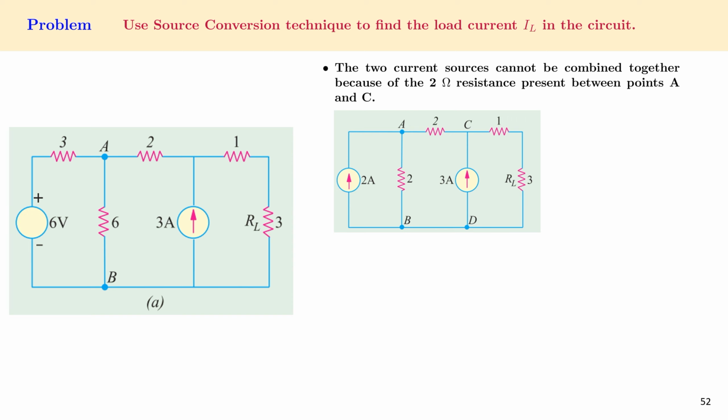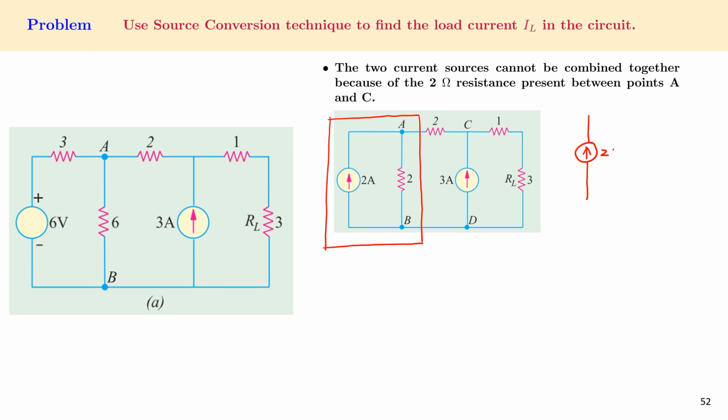In order to simplify this circuit, we'll convert this 2 ampere source with a parallel 2 ohm resistor into an equivalent voltage source. For that, we have to consider this circuit.